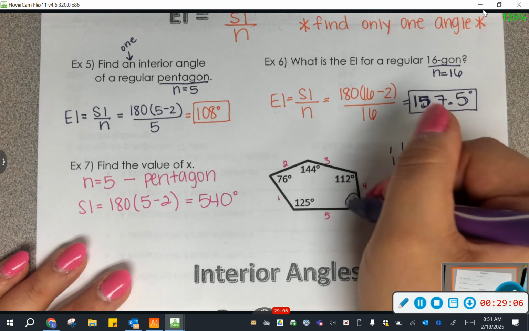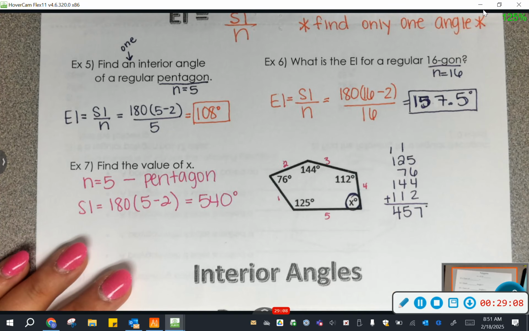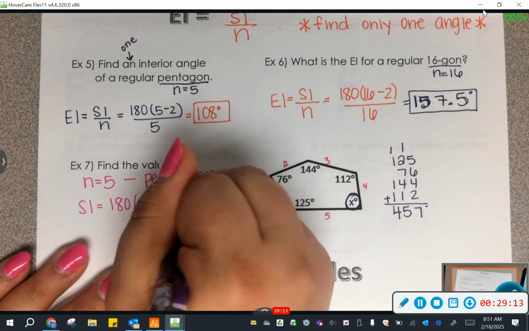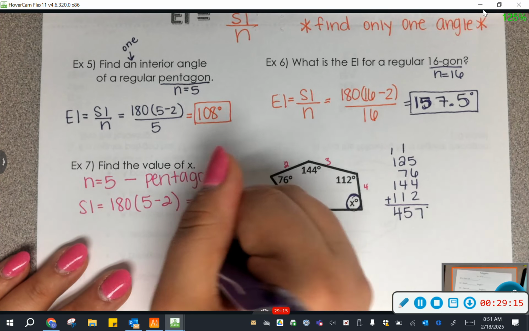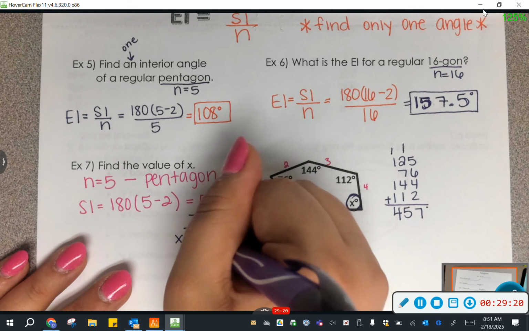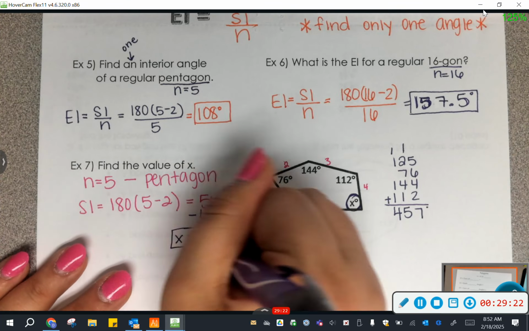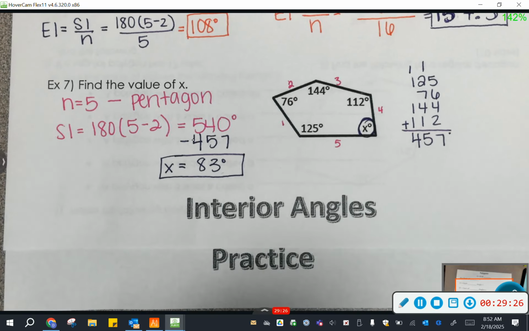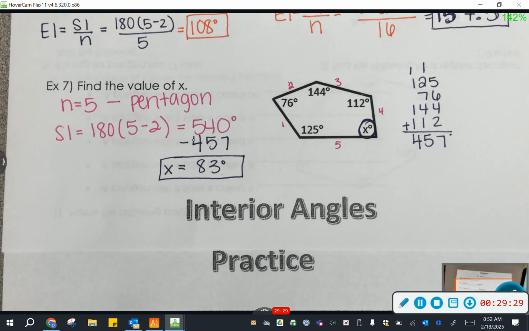So what am I going to do to find this x? Subtract. 457 minus 540. 83 degrees is my answer. Can I re-explain that to anybody? Figure out how many sides and how much it adds up to, and then subtract to see what's left.